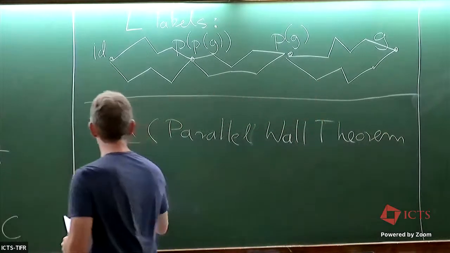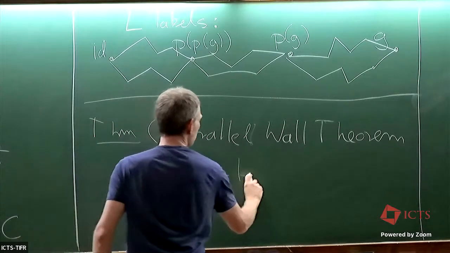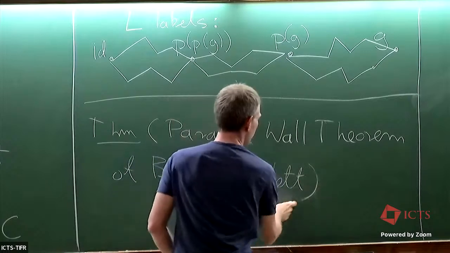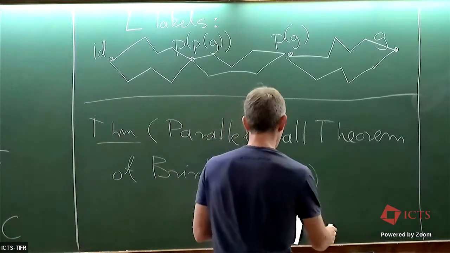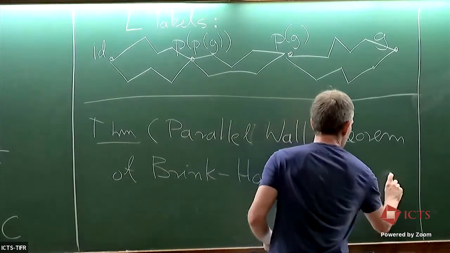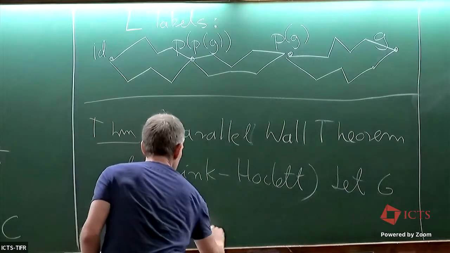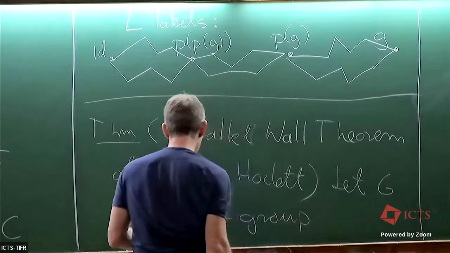This was proved by Brink and Howlett and was conceived earlier by Davis and Shapiro. So here is what this says. Start with any Coxeter group.